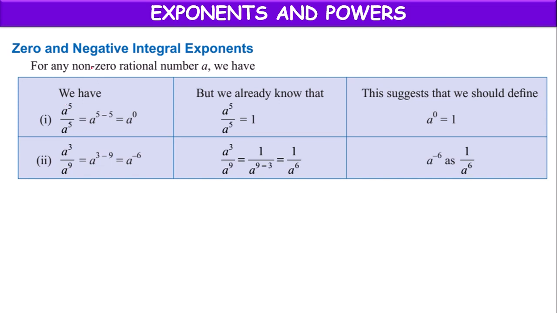Suppose for any non-zero rational number a, here we have to assume a value a which is a non-zero rational number, which can be any non-zero rational number.